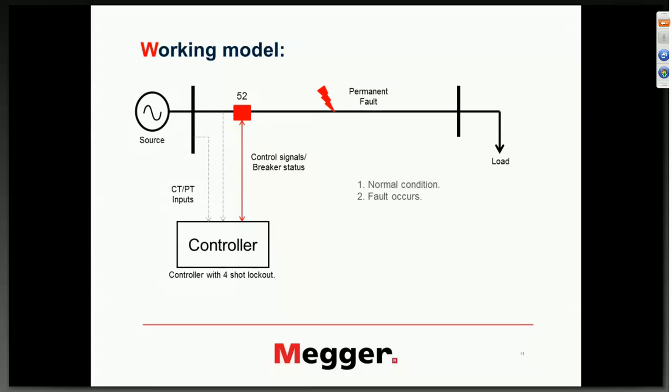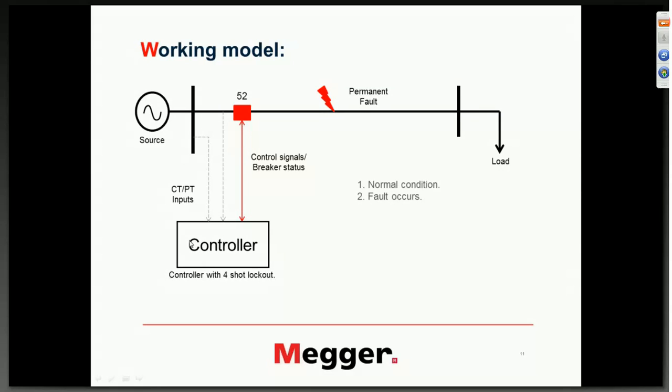And imagine there is a fault, and for our understanding purposes, to see what a 4-shot lockout will look like, we'll imagine a permanent fault that happens in the transmission system. That'll be the second step. Once that fault occurs, naturally your source will supply the fault. The amplitude of current goes up, the voltage goes down, and that is sensed by the controller.